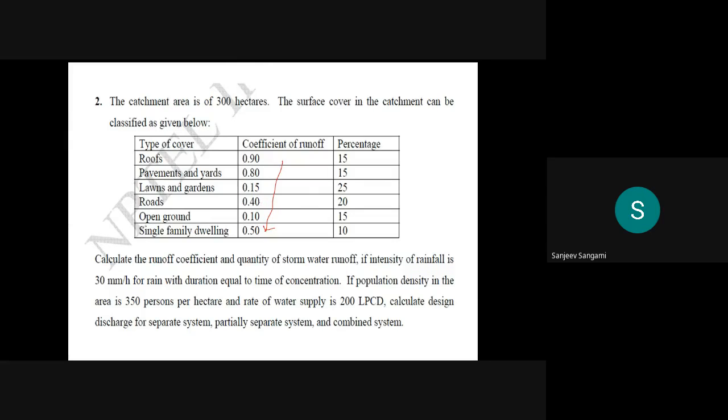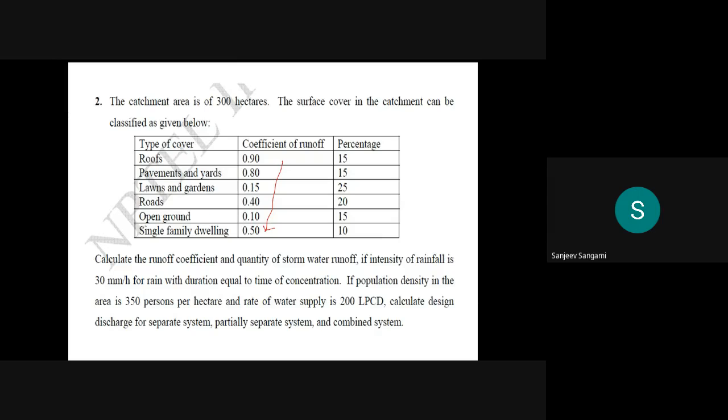Then roads, of course, if they are not covered with cement concrete, then normally slight infiltration will be there. Then open grounds, almost all the water will go and infiltrate.